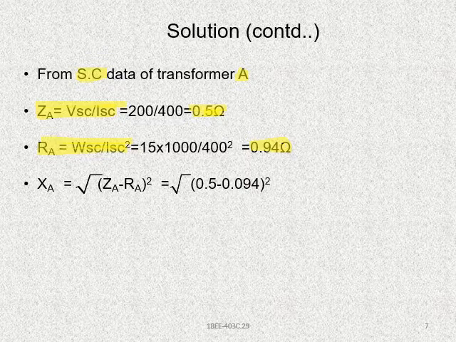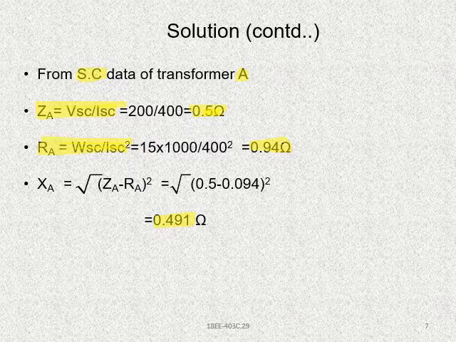That's simply the square root of 0.5 squared minus 0.094 squared. That finally gets 0.491 ohms.